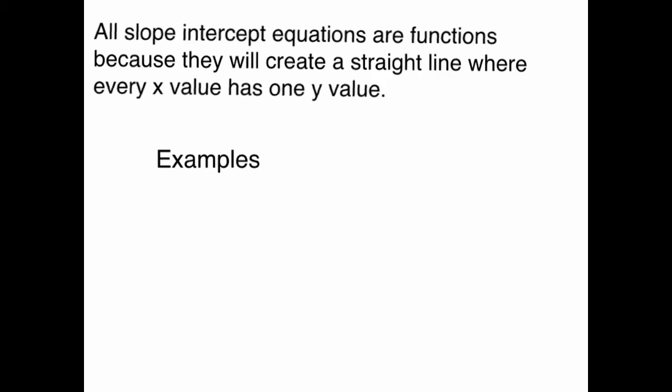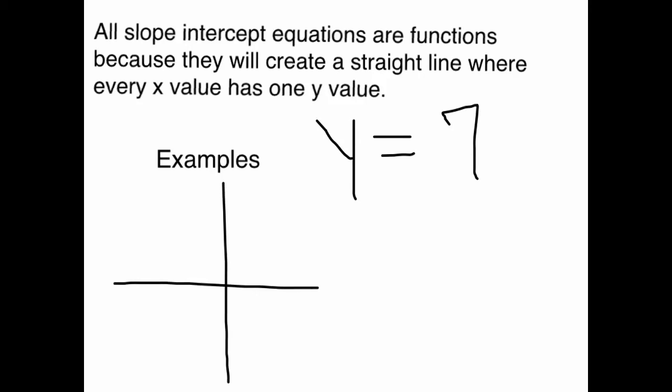Okay, so another example might actually be y equals 7. Now, this, believe it or not, is a function because if I draw a graph, let's say y is 7 right here. If I draw a straight line across, for any of these values, I could pick a point along this line. Every x value would only have one y value.